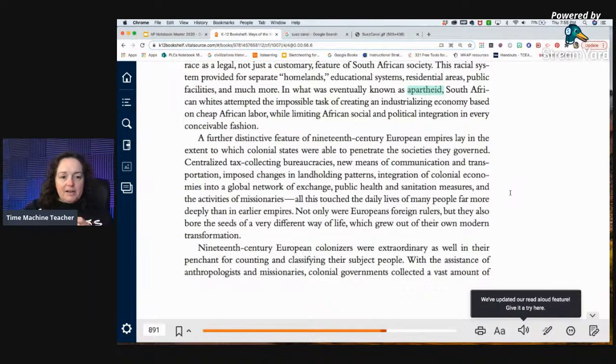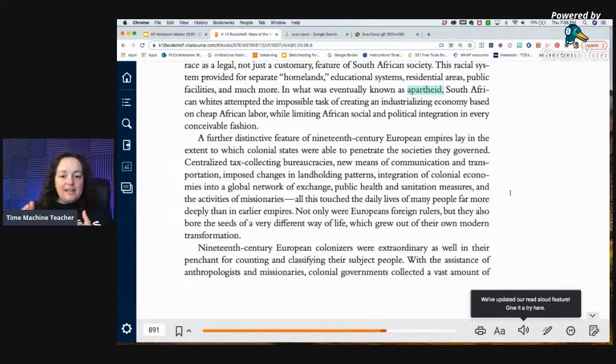All right, next paragraph says, a further distinctive feature, so here's another difference, of the 19th century European empires lay in the extent to which colonial states were able to penetrate the societies they governed. Centralized tax collecting bureaucracies, new means of communication and transportation, imposed changes in landholding patterns, integration of colonial economies into global network of exchange, public health and sanitation measures, and activity of missionaries.